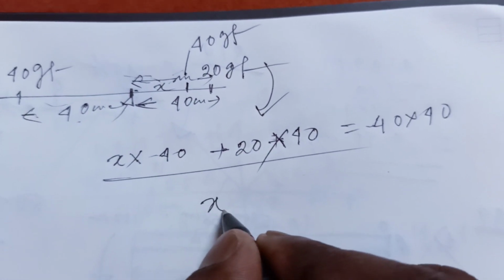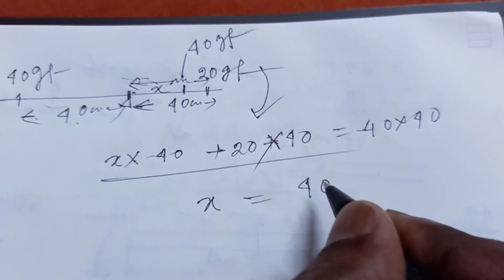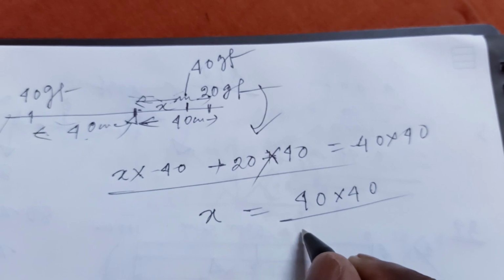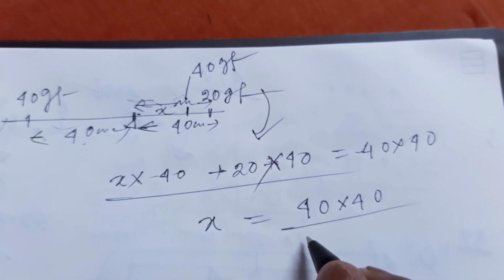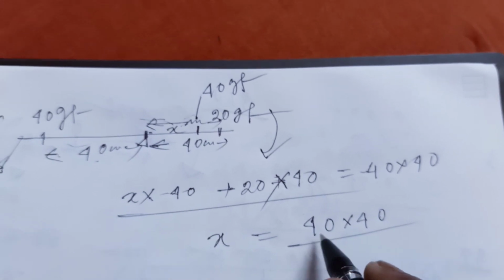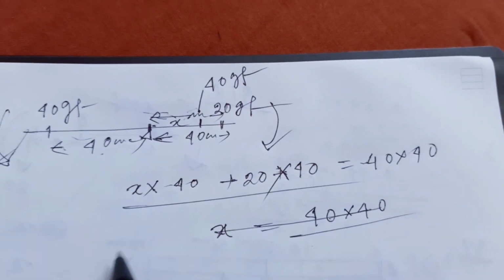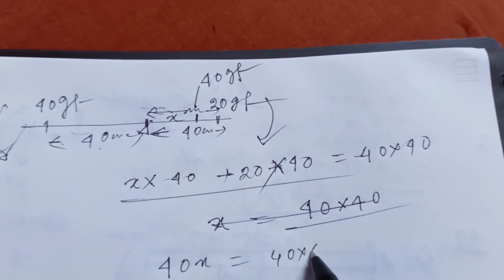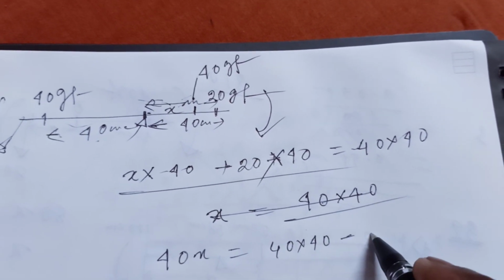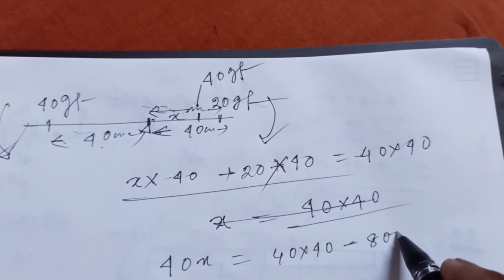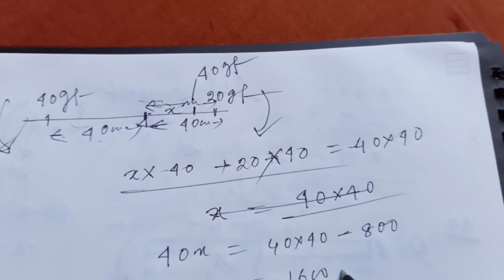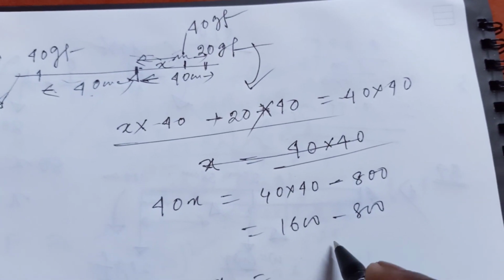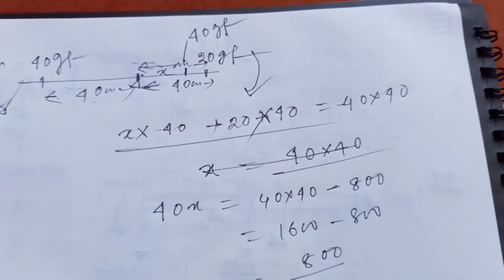So x equals 40 into 40 minus 20 into 40, that is 1600 minus 800, divided by 40.